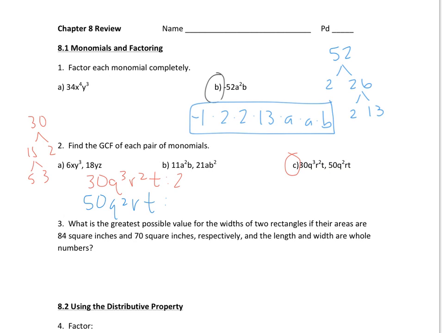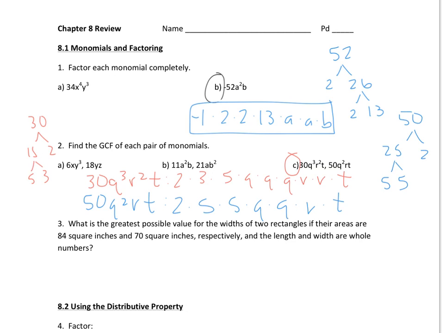So this is 2 times 3 times 5 times q, q, q, r, t. And I know that 50 breaks down into 25 and 2, and 25 breaks down into 5 and 5. So this is 2, 5, 5, q, q, r, t.